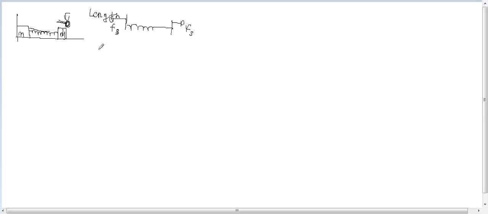Who has applied this force? Let me call the blocks A and B. The force on block B of mass M will be along this direction. This means that block A will leave the contact, leave this wall.